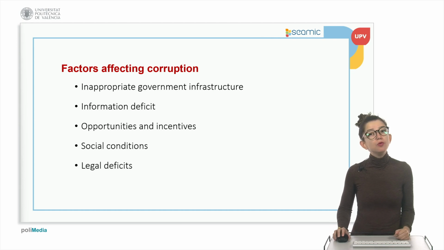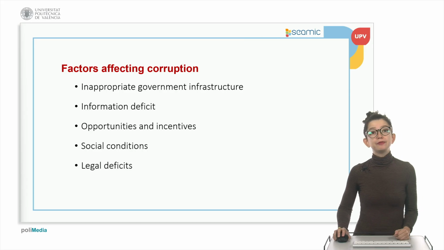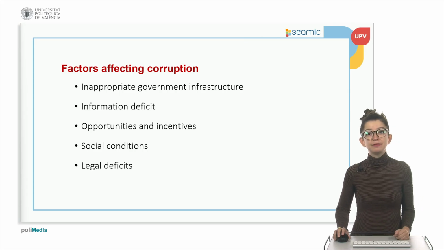Population with a low cultural level, illiterate, and without reflection about political choices is one of these types of groups that can affect the generation of corruption. And also the social value of honesty and integrity of the context that we are in. And last but not least, legal deficit, that we find, for example, in the weakness of the legal system and also corruption in the judicial system itself.